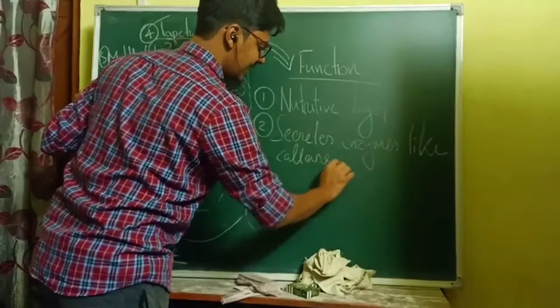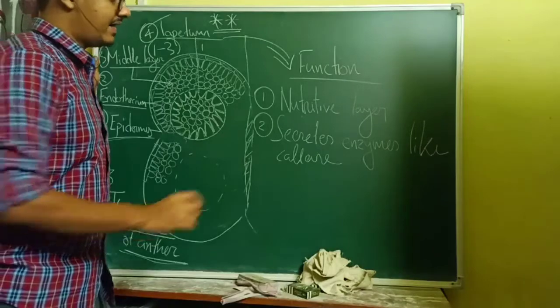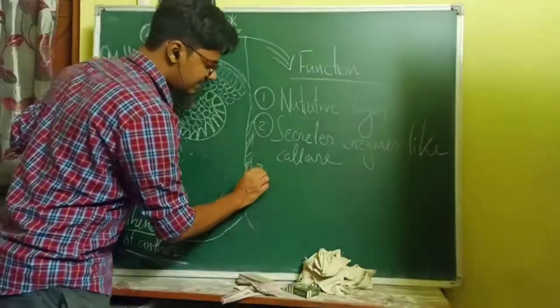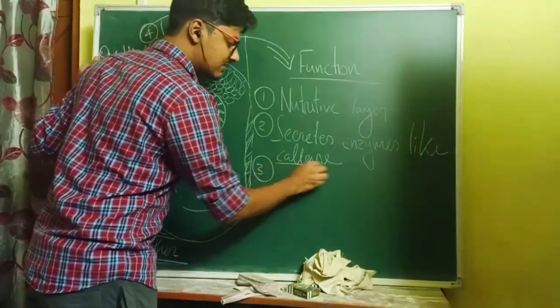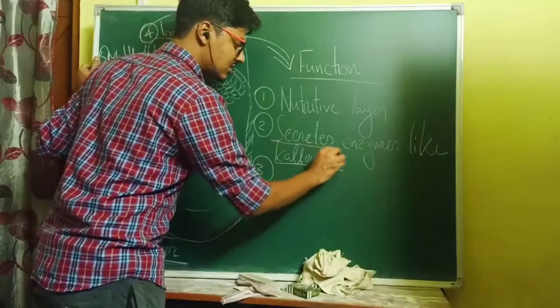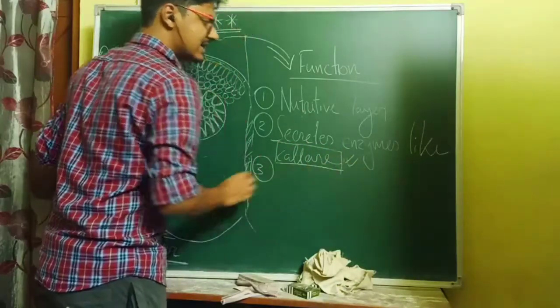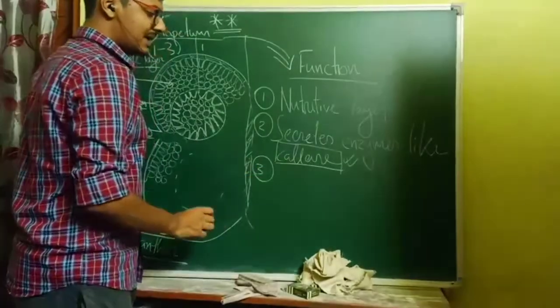Callase is a special enzyme and it is secreted by this layer which is called tapetum. Third, what is the function of callase? We will come to the function of callase later on. Just for now, keep this in mind. Thus, callase is secreted by tapetum. Okay.